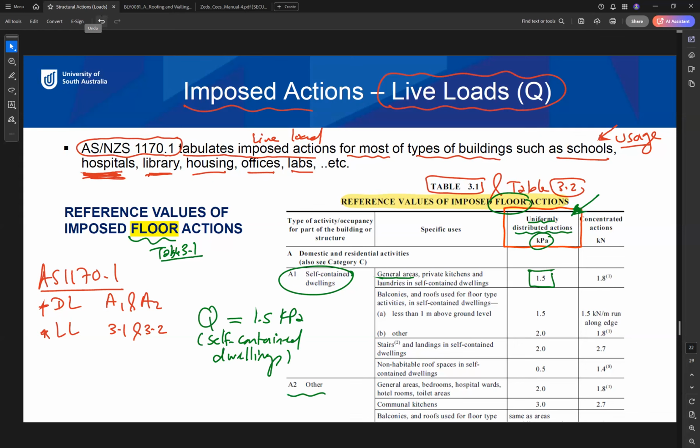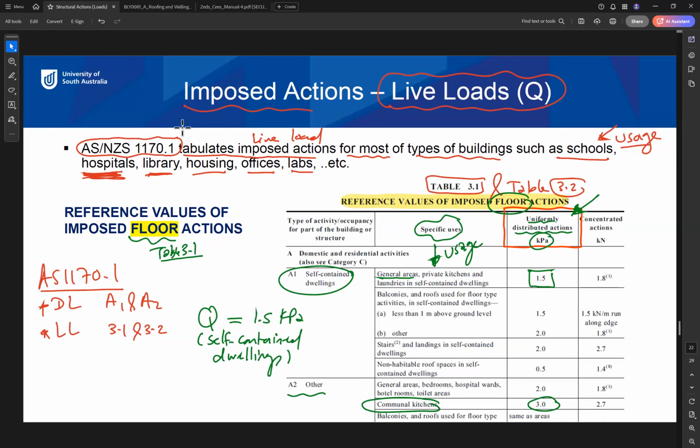Another structure, for example, a communal kitchen is 3, so it is doubled. And the list has all the types, so this will be different according to the usage of the building. So the usage of the building is here, the specific use, and based on that, you will select what value of live load should be applied to this building.